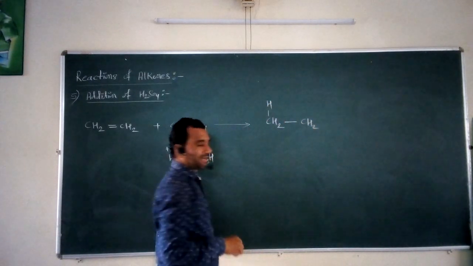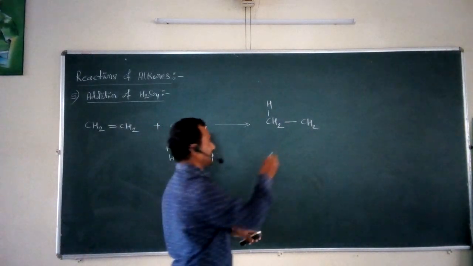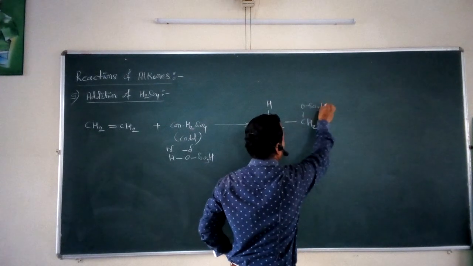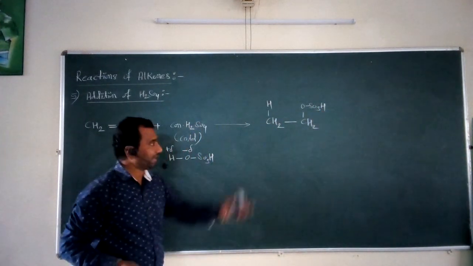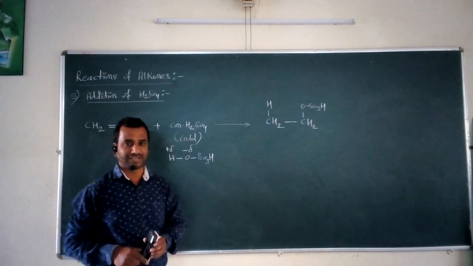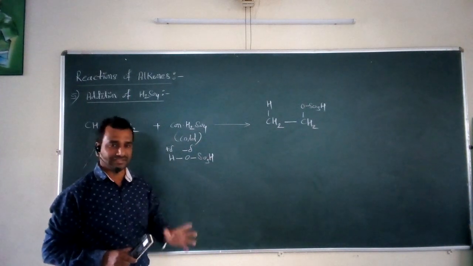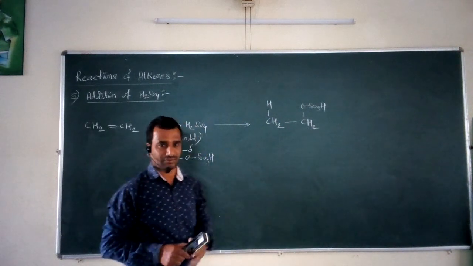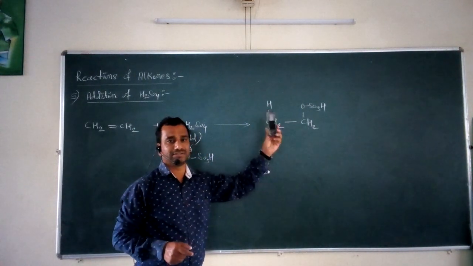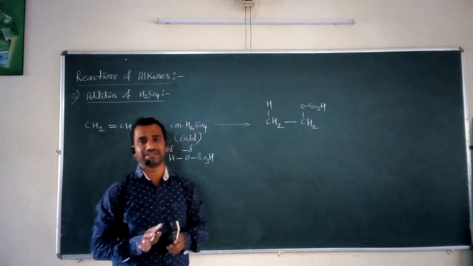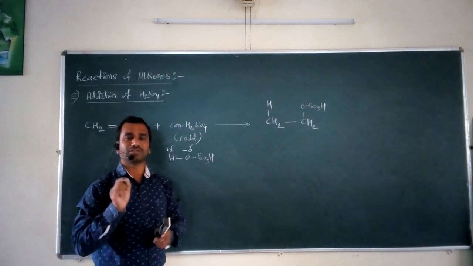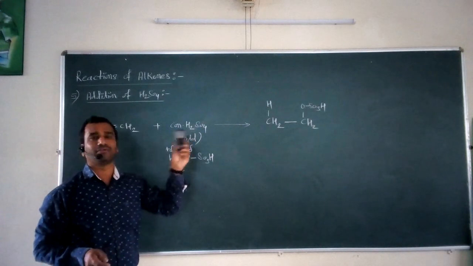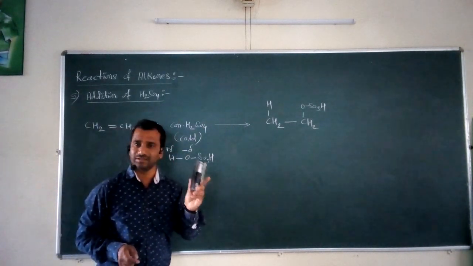To the first olefinic carbon, hydrogen is added, and to the second olefinic carbon, OSO3H is added. Now what is the name of this compound? This is called ethyl hydrogen sulfate. This type of product is formed whenever cold concentrated sulfuric acid interacts with the particular alkene. This is the first simple example of this type of addition reaction.